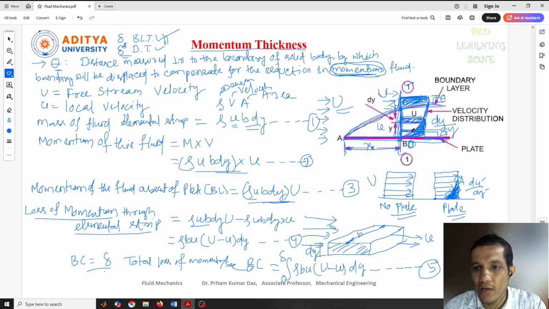It came from changing the plate by some distance theta.